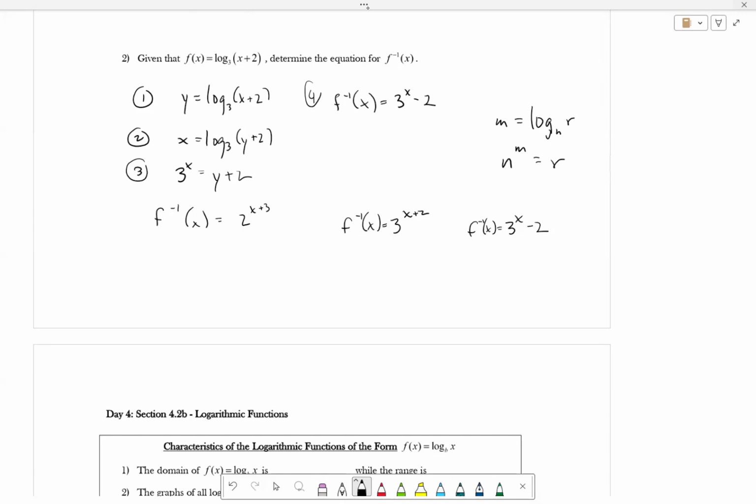So I start with 3. It's not going to be 3 to the y plus 2. That's going to go to the other side. It's 3 to the x equals y plus 2. So this is like the same thing as my r there. It just equals that argument, that piece which is in the logarithm.